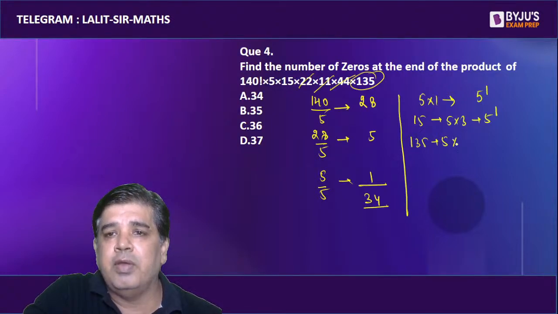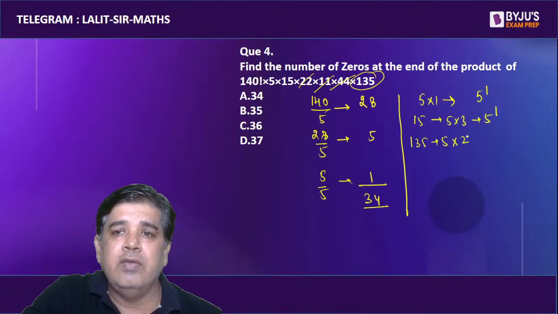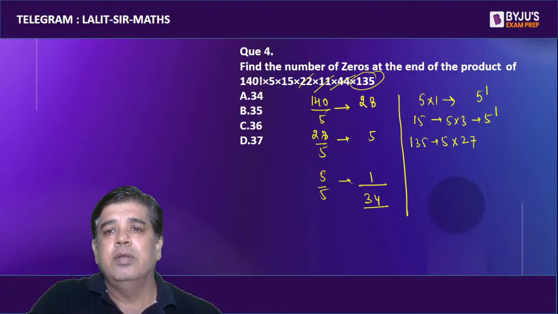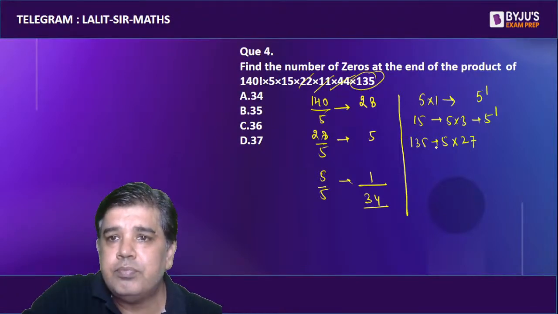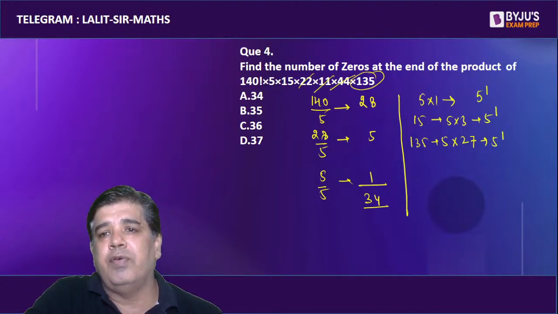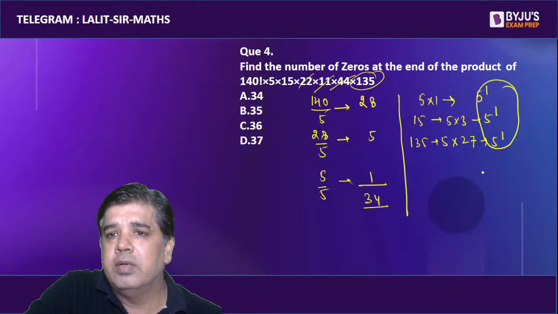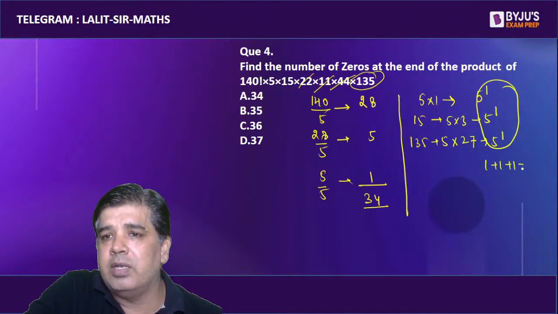If I divide this by 5, 5 into 27, so again we have one more 5 here. So how many times in total? 1, 1, 1, that is 3 here and 34 here.